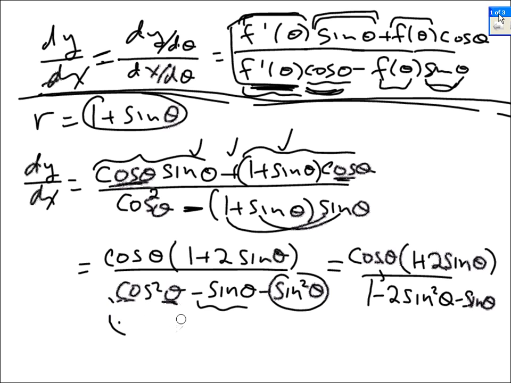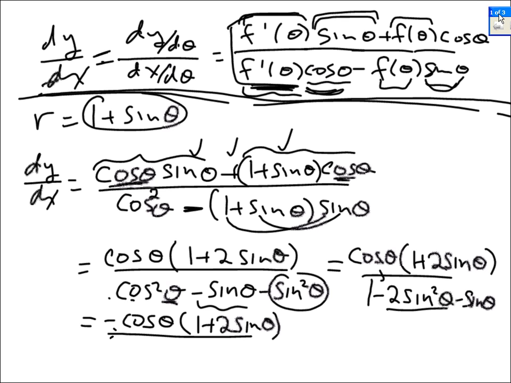Let me factor out a minus from the bottom. That is, I'm going to multiply the top by a negative and I'm going to multiply the bottom by a negative. So I'll get positive 2 sine squared theta plus sine theta minus 1.